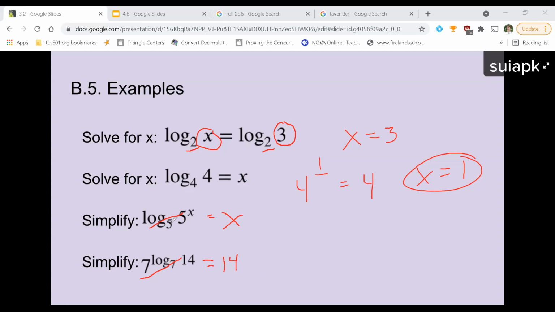And again, you can think of this third one as saying 5 to the what power is 5 to the x? That's what this is asking. 5 to what power is 5 to the x? 5 to the x power is 5 to the x power, right? So that's why the answer is x.